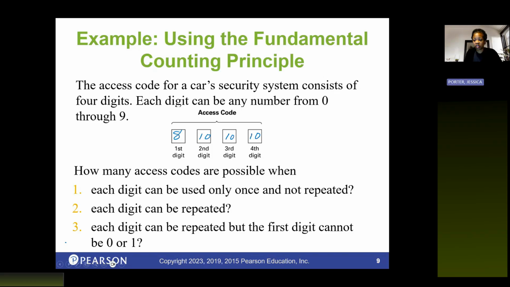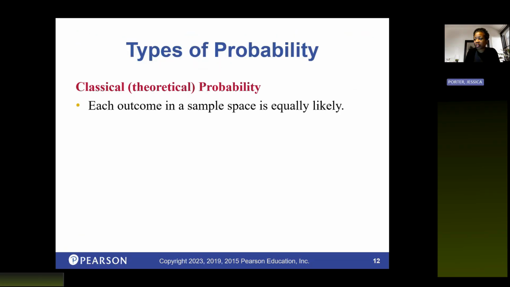Eight numbers you have to choose from if it can't be a 0 or 1. So then you have 10 to the third times 8. What do you get for 10 to the third times 8? All right, perfect. So we've got 8,000.